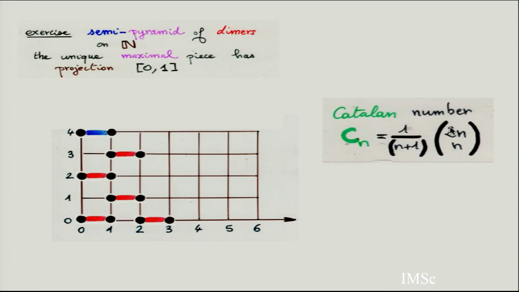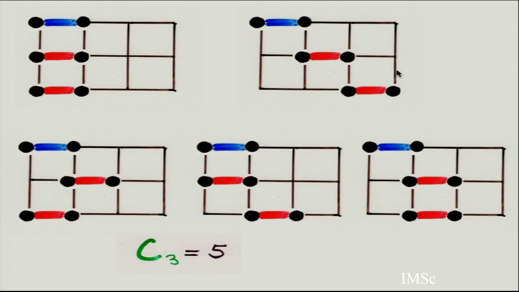Maybe it's too difficult at this level if you don't have any notion of generating functions or the techniques of enumeration. But the exercise is the following. We know that, for example, here there are 5 semi-pyramids. The Catalan numbers are 1, 2, 5, 14, 42, etc. So you check, there are 5 semi-pyramids with 3 dimers.